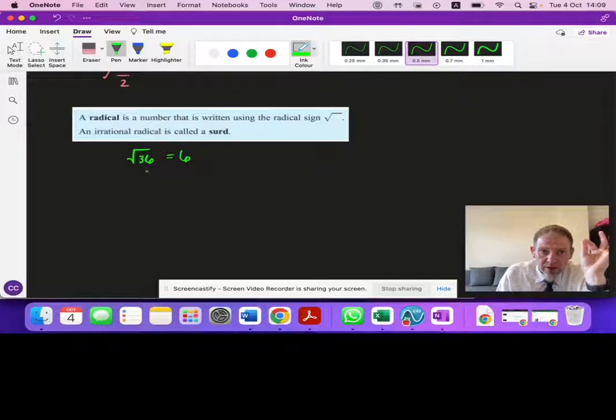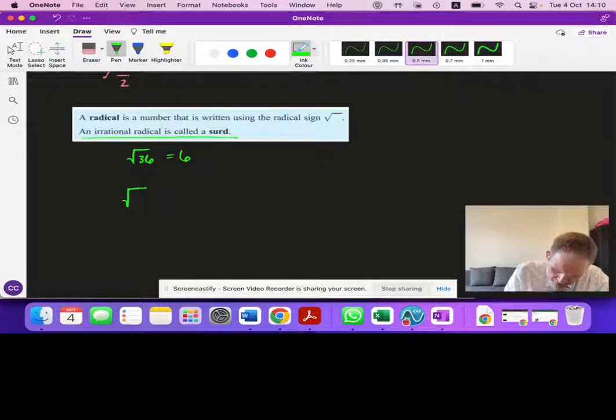This is a rational radical because it can be written as a rational number. The majority of radicals are not rational. Instead, the majority of radicals are irrational, and an irrational radical is what we call a surd.